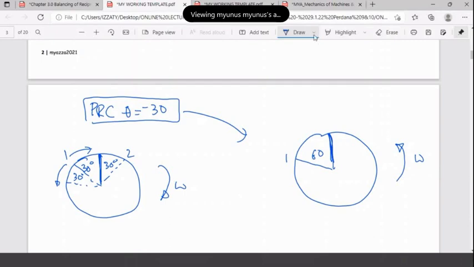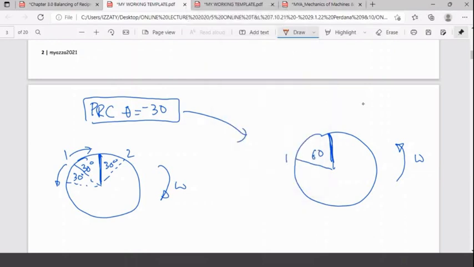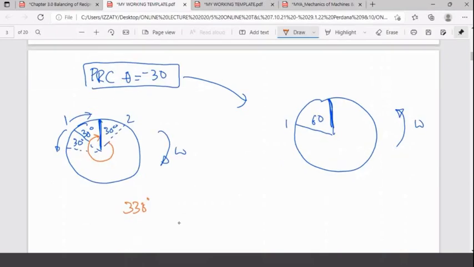I'm going to change this one to another color so that you can easily see. Okay, number 2 just now moved how far? It moved 330 degrees, correct. So this time also it moves 330 degrees but in the opposite direction.